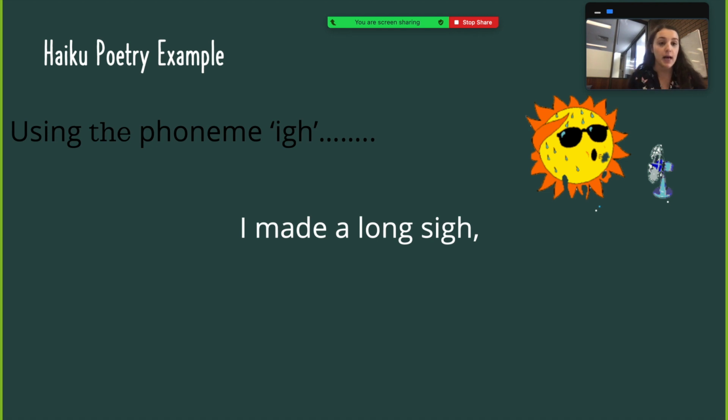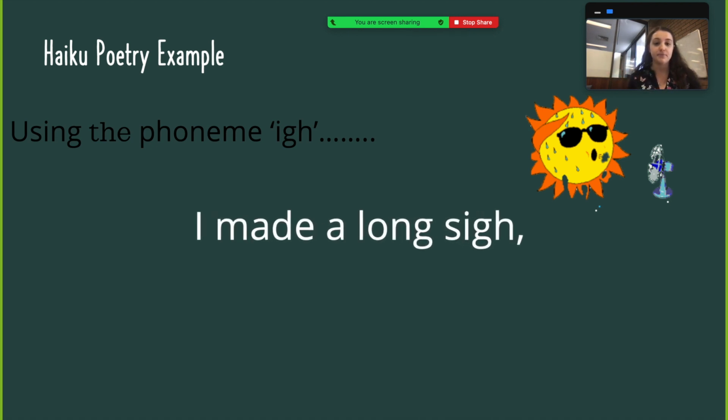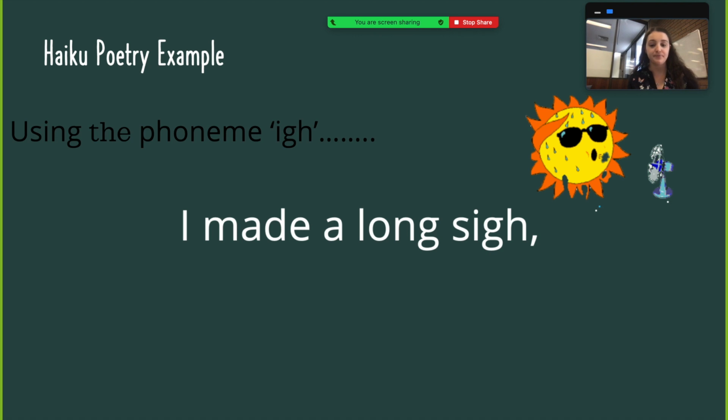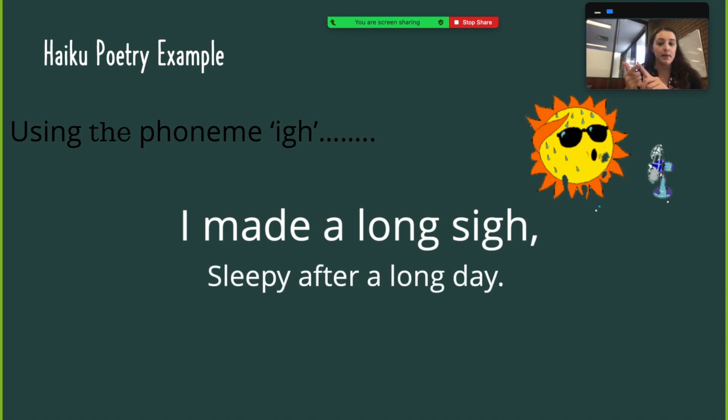So, for example, if I've chosen the word IGH sound on my first line in my haiku poem, I made a long sigh, which has 5 syllables. Sleepy after a long day, which has 7 syllables.